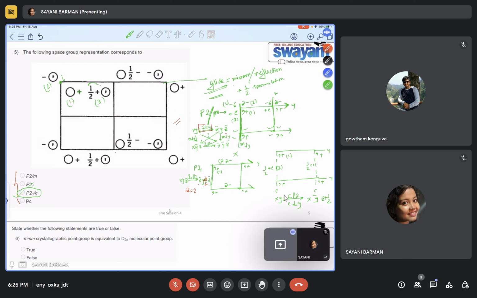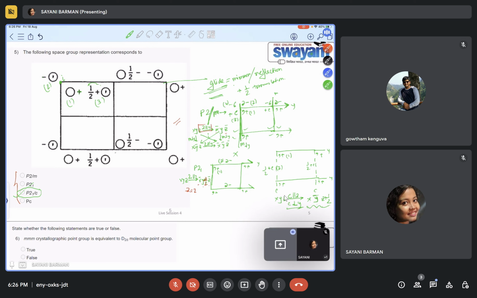C perpendicular to y means y will get inverted. So y bar will come. X is as it is, and since the half translation is along z, you will be getting z plus half. So the coordinate of the C glide point will be x, y bar, z plus half.